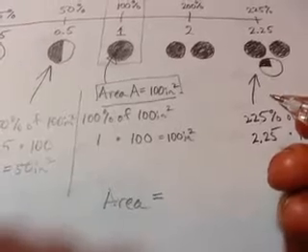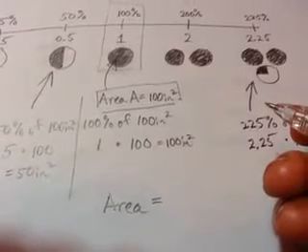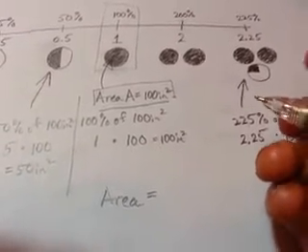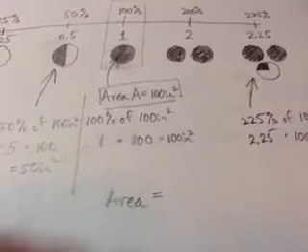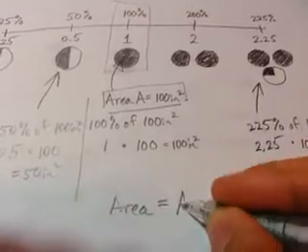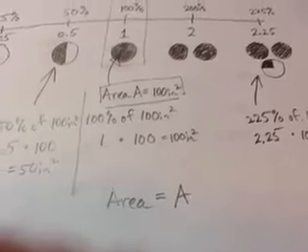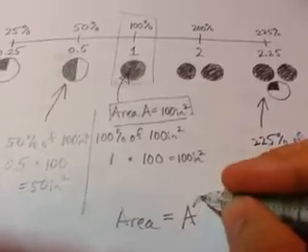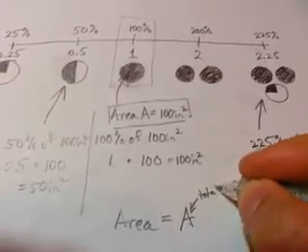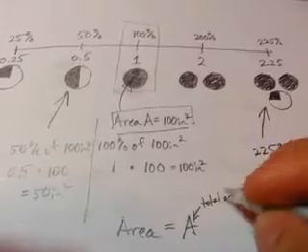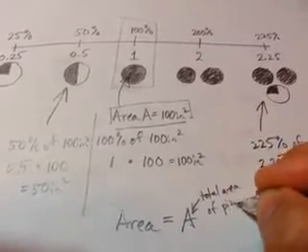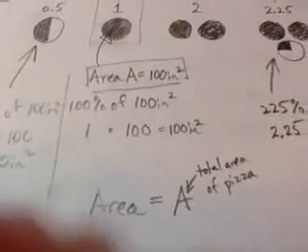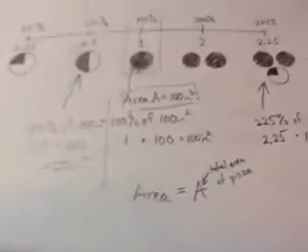If I don't know, what am I going to call it? Let's call it a variable. Since we're talking about pizza, let's not confuse ourselves. Let's say area is A. So this A is my total area of the pizza.